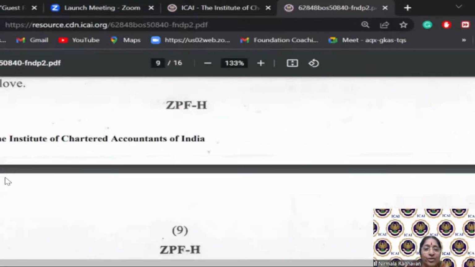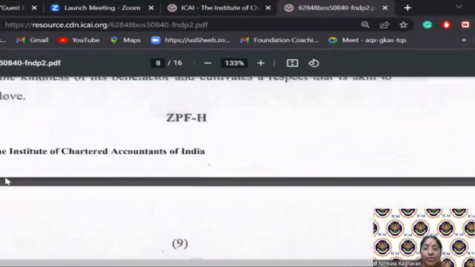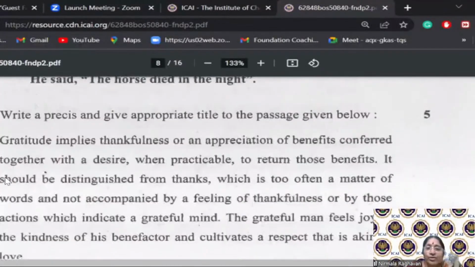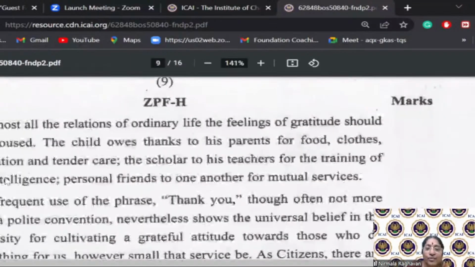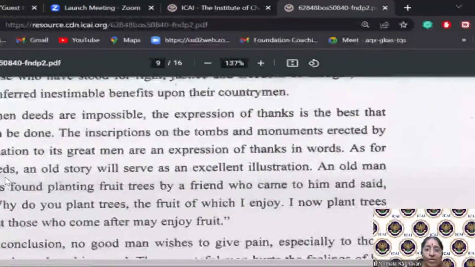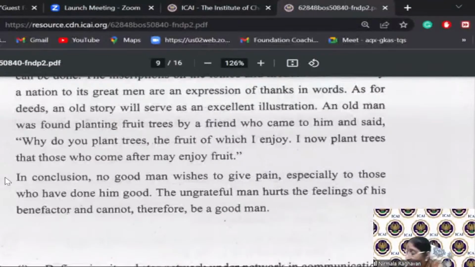Let me see how big is the... First, let's count the number of words, okay? 1, 2, 3, 4, 5, 6, 7, 8, 9. Okay. 9 words and how many lines? 1, 2, 3, 4, 5, 6, 7, 8, 9, 10, 11, 12, 13, 14, 15, 16, 17, 18, 19, 20, 21, 22, 23, 24, 25, 26, 27, 28, 29.